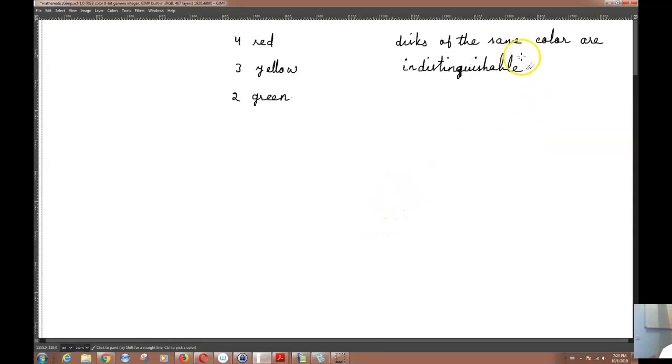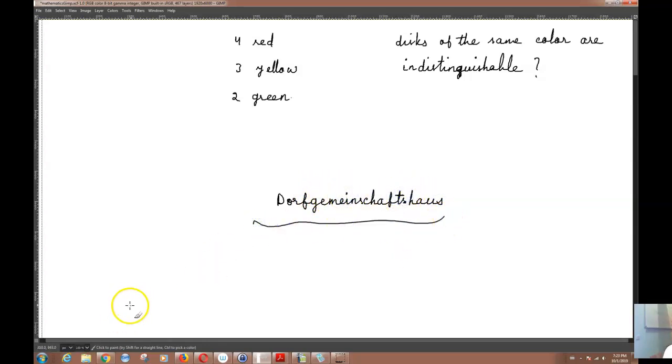Well, you know that the German language is known for long words. For example, in the German language you have words like Dorf, Gemeinschaftshaus. Dorfgemeinschaftshaus. That's a word in German.